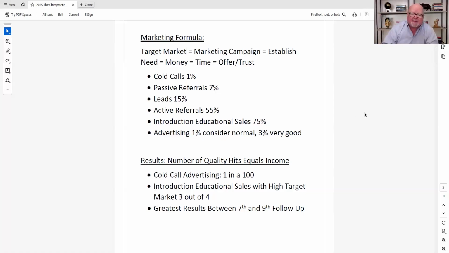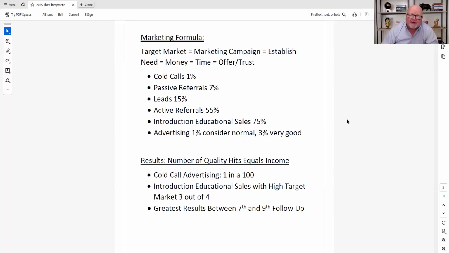That's the cream of the crop right there. When you know educational sales and you combine it with introductions, high trusted sources, high trusted circle of influence, that's the absolute knockout punch right there. That's business after business after business, new patient after new patient after new patient.